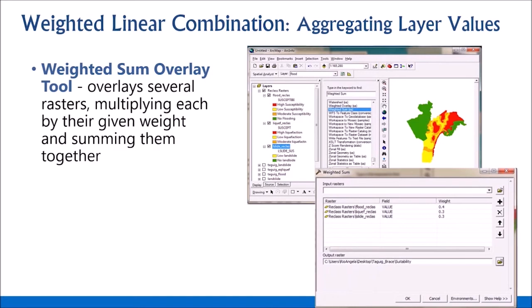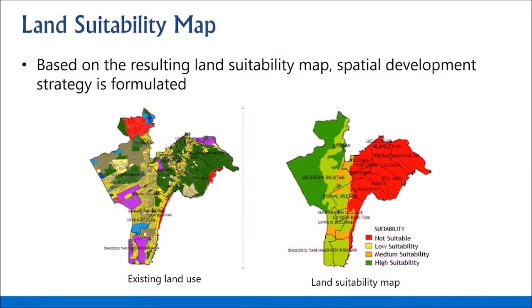For flood, it's 0.4, liquefaction 0.3, landslide 0.3. Then click OK, and it will give you your land suitability map. So based on the resulting land suitability map, you can formulate the spatial development strategy. So your land suitability map can also be used to identify suitable buildable areas such as settlements, ecozones.